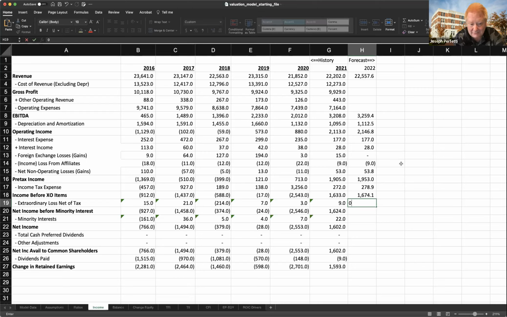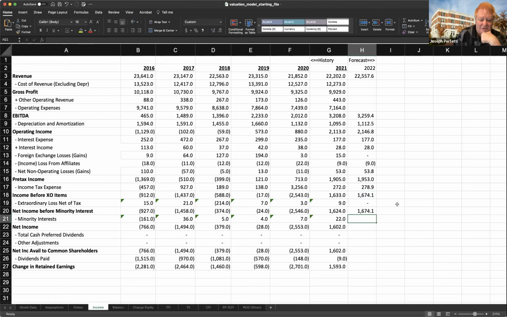But for right now, we're not going to forecast extraordinary items in the future, even though they seem to have one every year. So 0. Net income before minority interest equals H18 minus H19. So it should also be 1674.1.